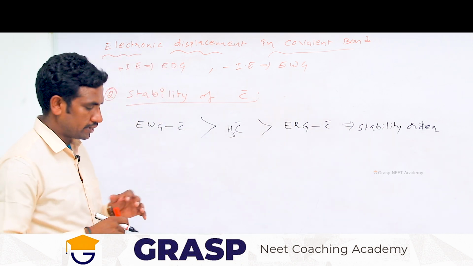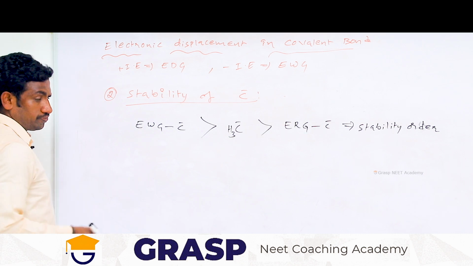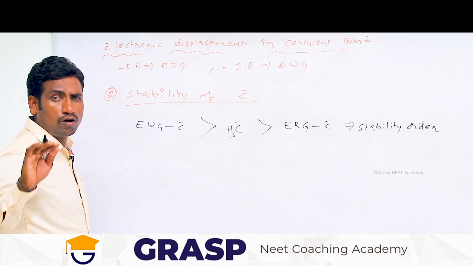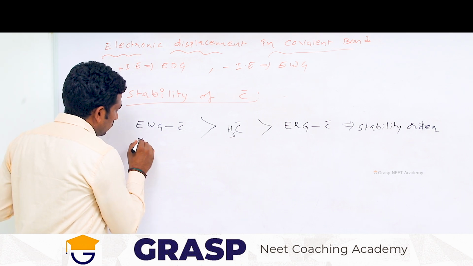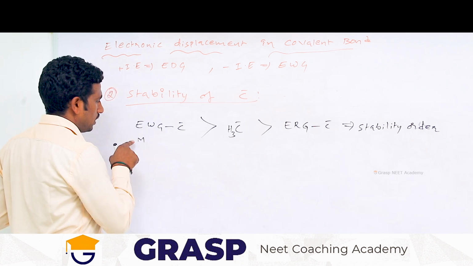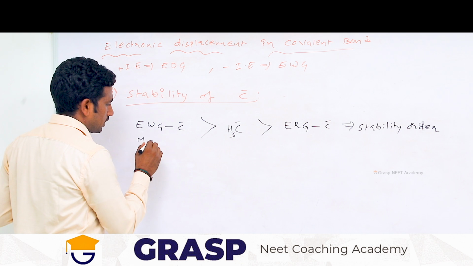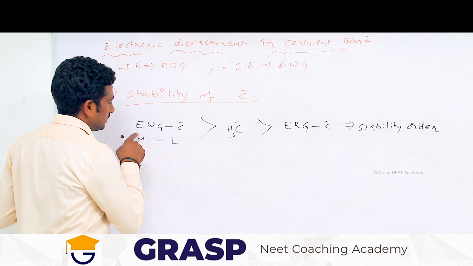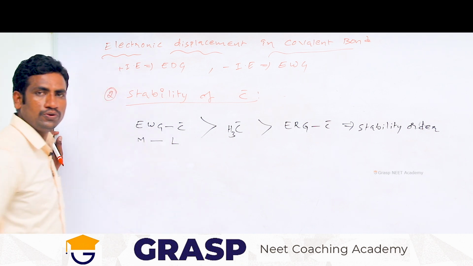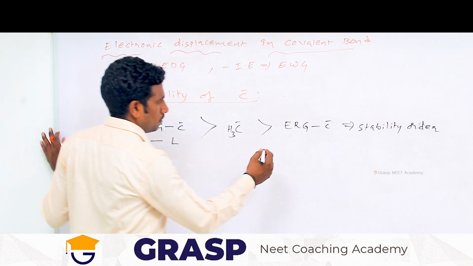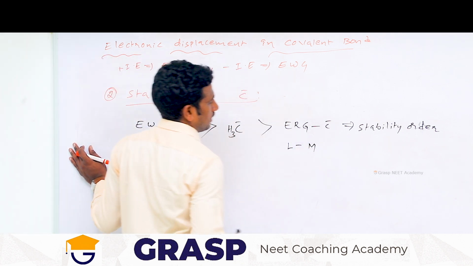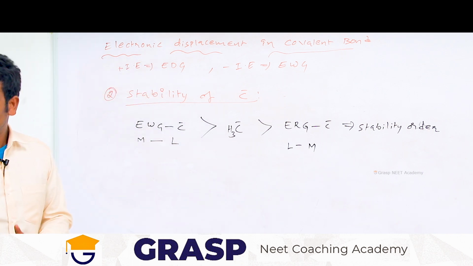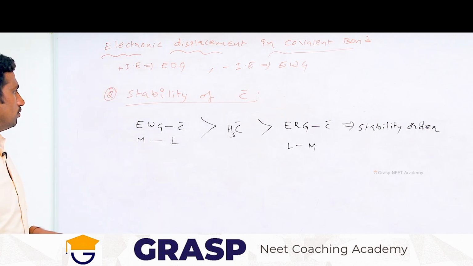If all are electron withdrawing groups, arrange from more electron withdrawing group attached carbanion to less. Similarly, arrange from more donor to less donor for electron releasing group attached carbanions.